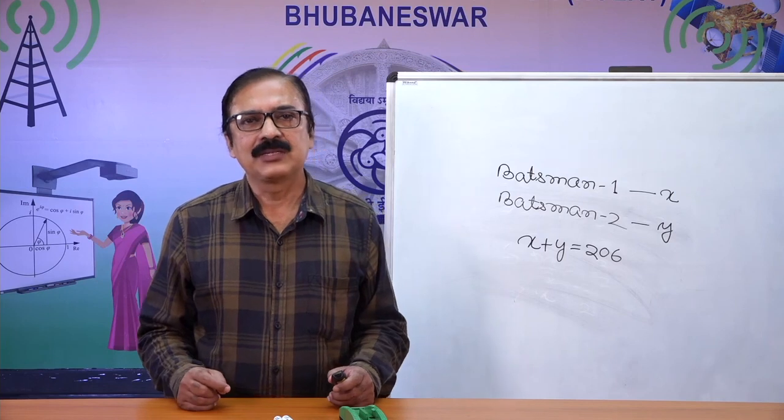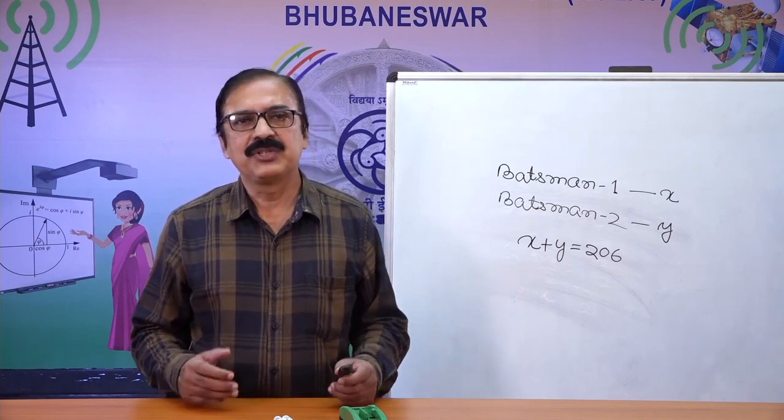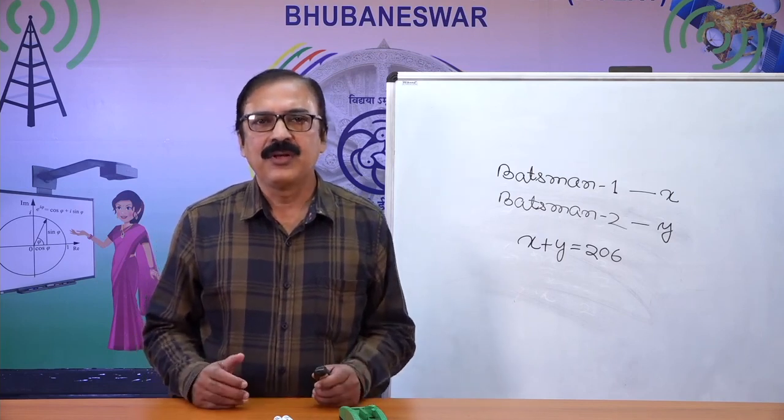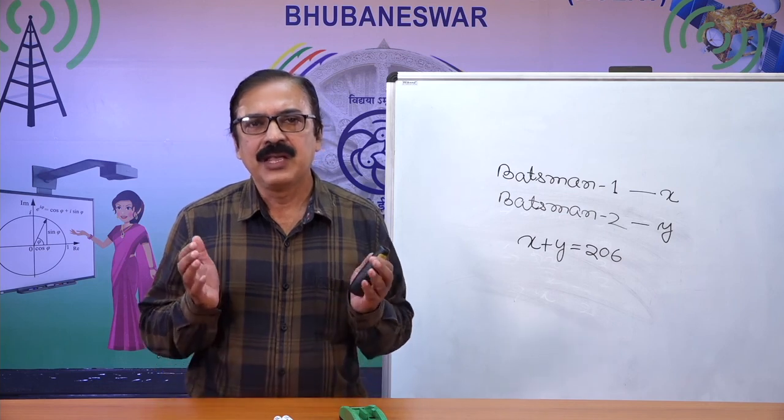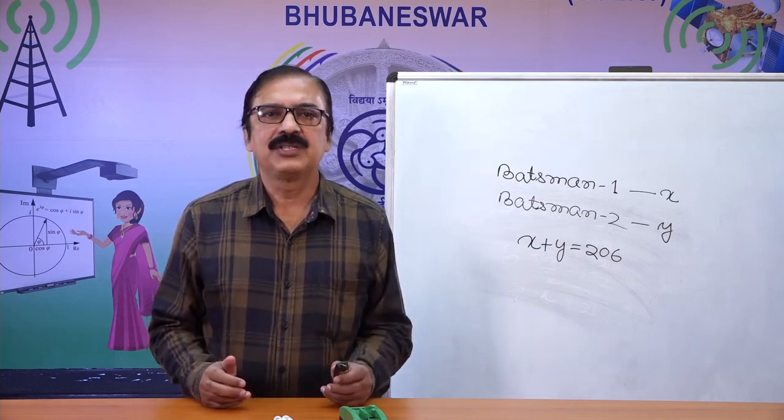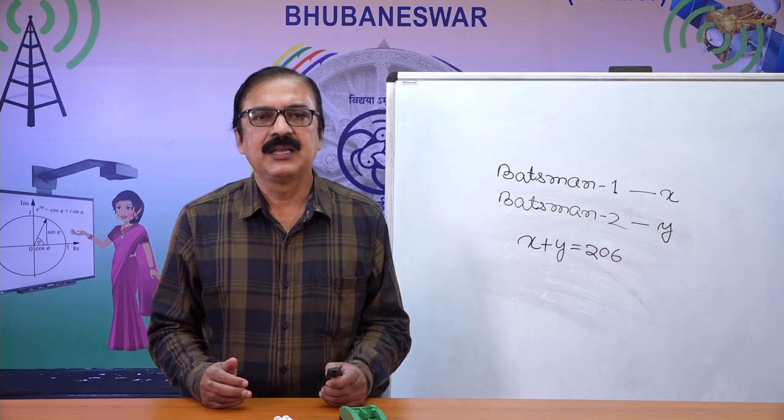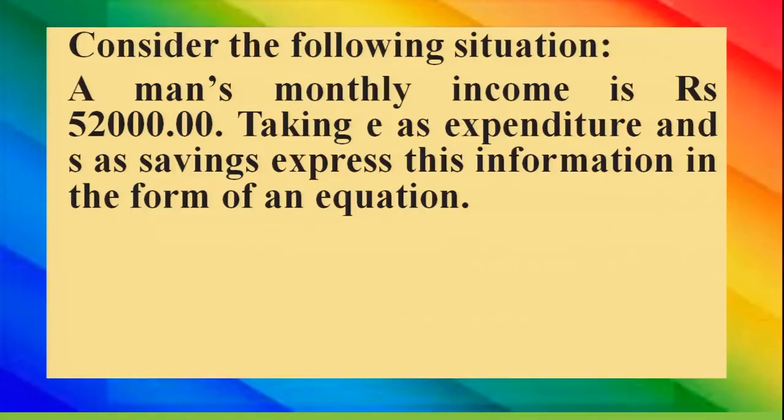Now let's consider some situations, and how to frame an equation from a situation. Consider the following situation: a man's monthly income is rupees 52,000. Taking E as expenditure and S as savings, express this information in the form of an equation.